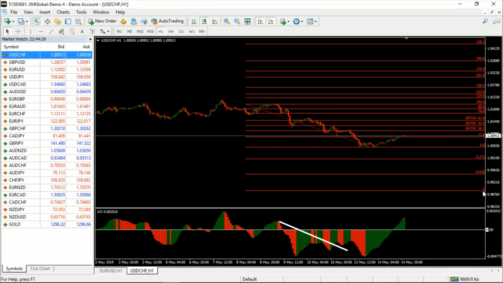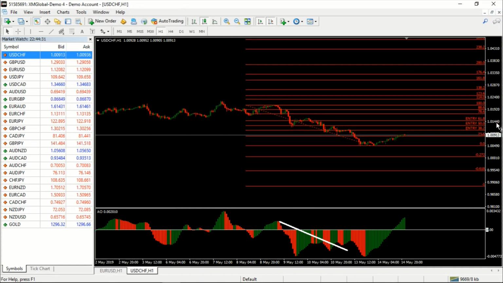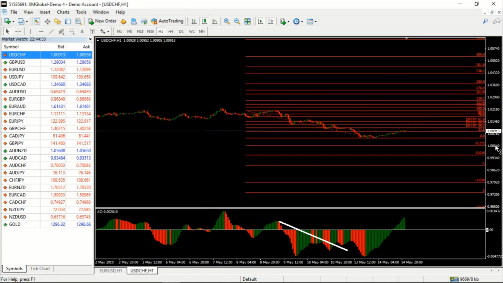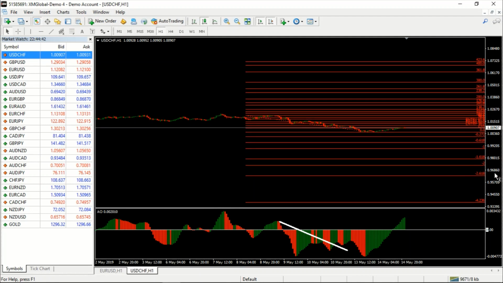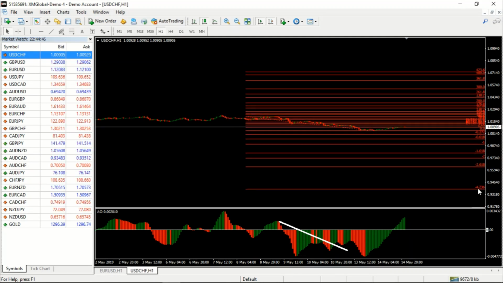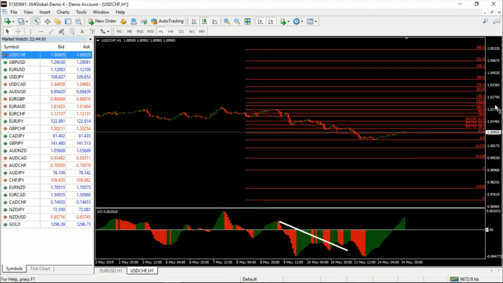We've got a minus 1. As we scale down further, we've got a minus 1.618. We've got a minus 2. And we've got a minus 2.618 as well as a minus 4.286. Right, so those are the extension levels.